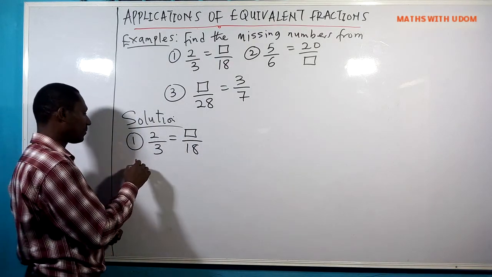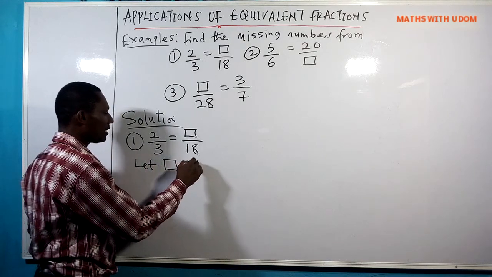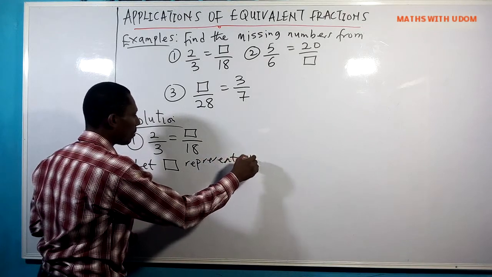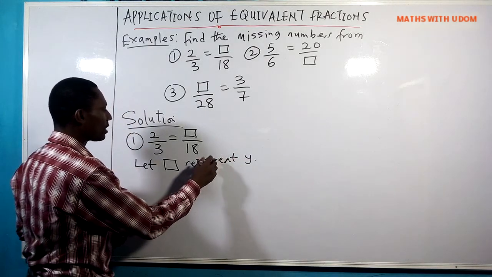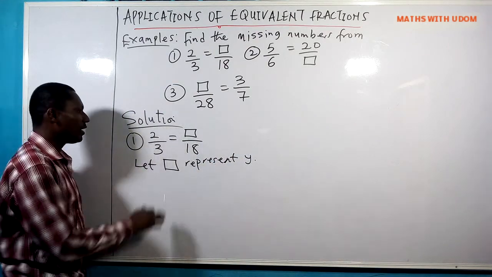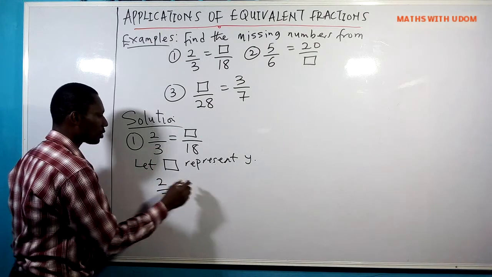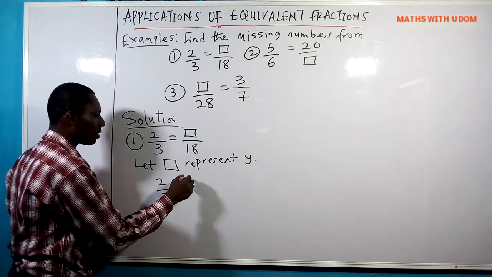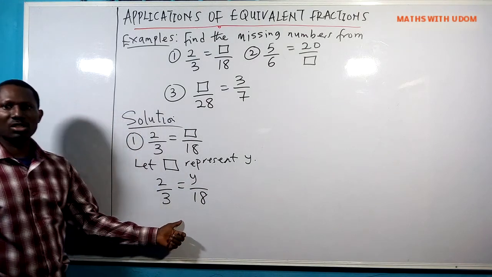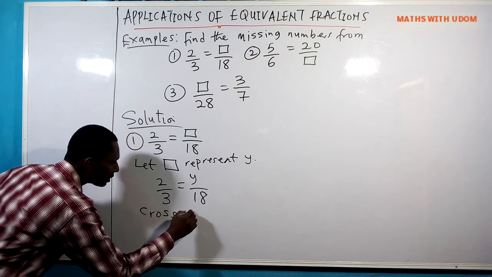So let the box represent Y. Anywhere I see the box, I will represent it with Y. So we have 2 divided by 3 equals Y divided by 18. From here, I will cross multiply.